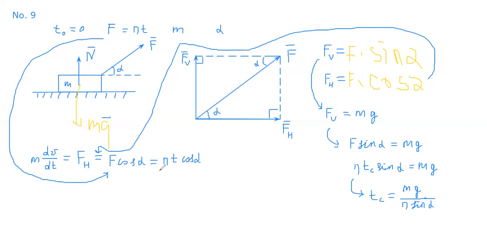And what do we have? We have m dv by dt, and it is equal to eta t cos alpha.